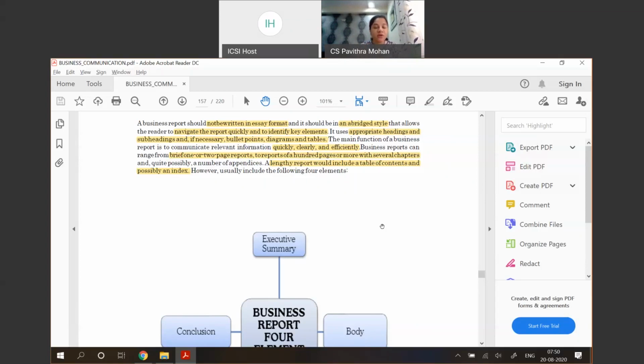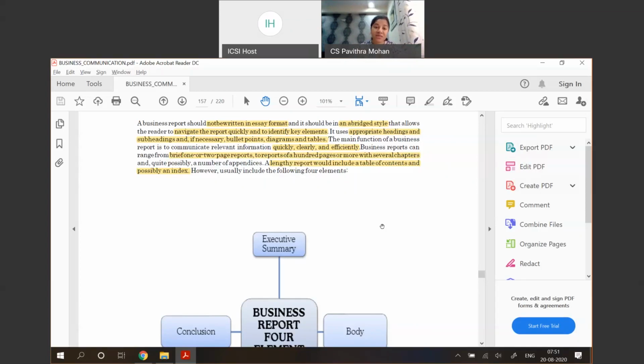So a lot of information is grasped in a very quick, clear, and efficient way, and they are not spending too much time. As much as possible, reports can be brief. I told you already, when I'm doing a presentation, we can give certain reports to the audience or people attending the meetings. We have to give them a 1 or 2 page report.